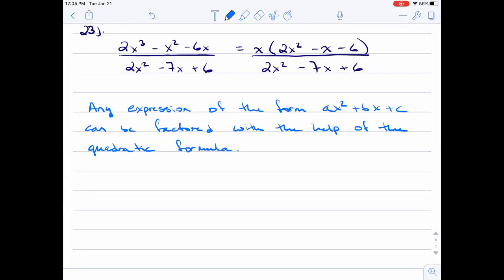So what I'm going to do is look at each of these quadratics individually and try to figure out what I could factor them into. Hopefully something's going to cancel in there because I do want to simplify this thing.